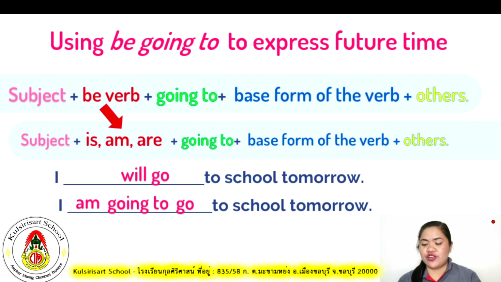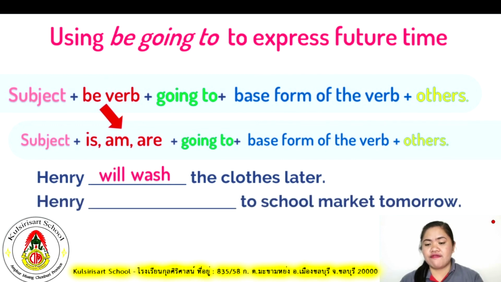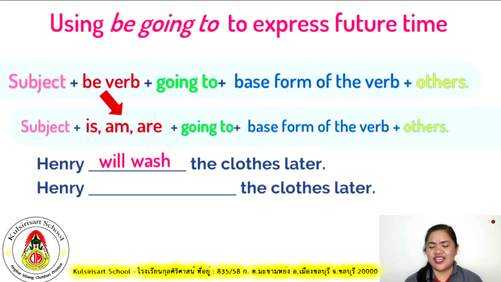So we'll have another example. Henry will wash the clothes later. This is given in our previous sentence, the usage of will. Now, how are we going to transform it to the usage of be going to? So we have here the subject. Now, how many is our subject? Very good. It's only one. So we're going to use the be verb is, and copy going to.